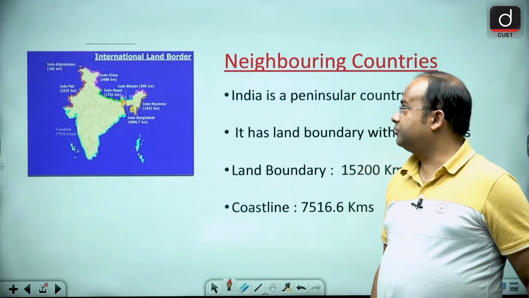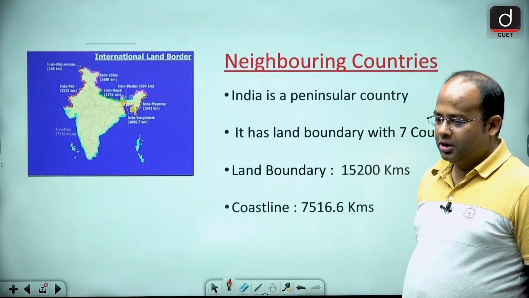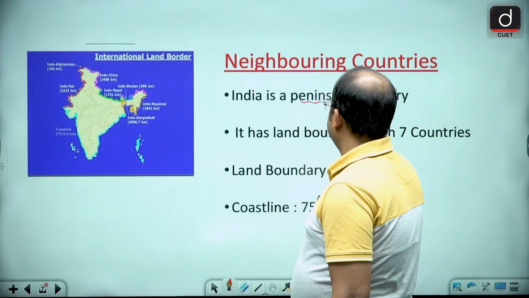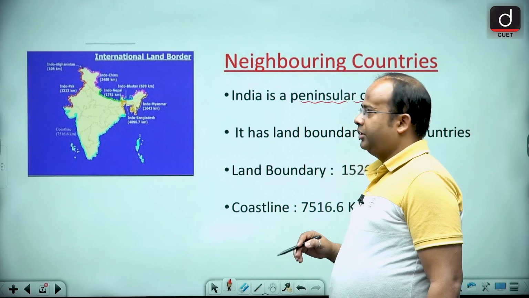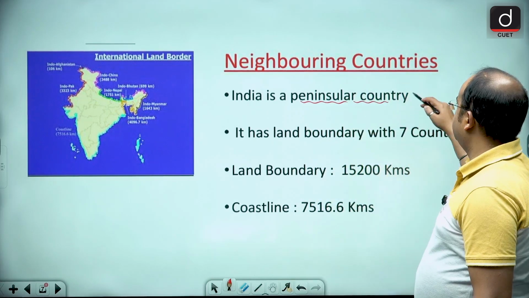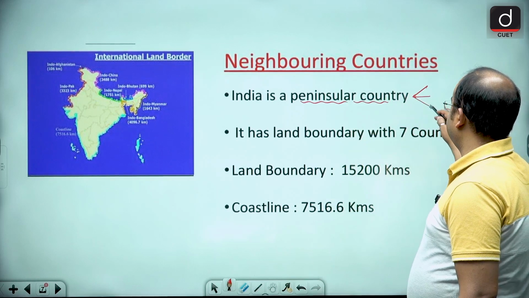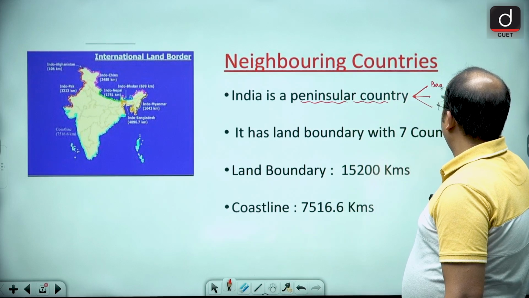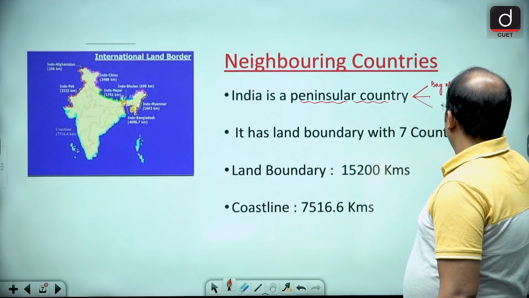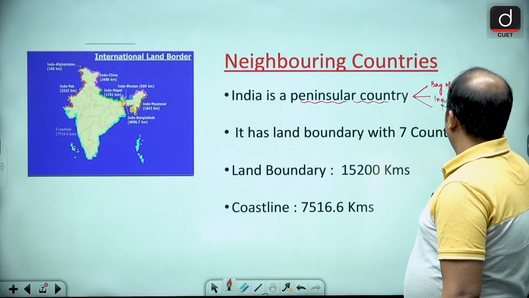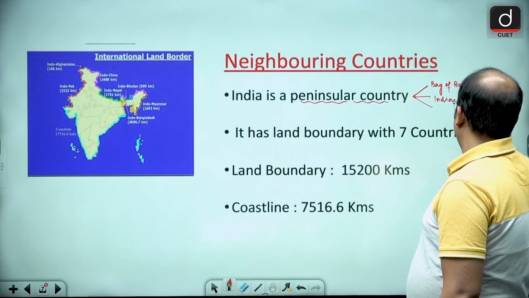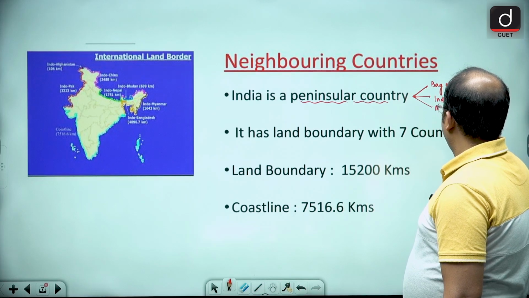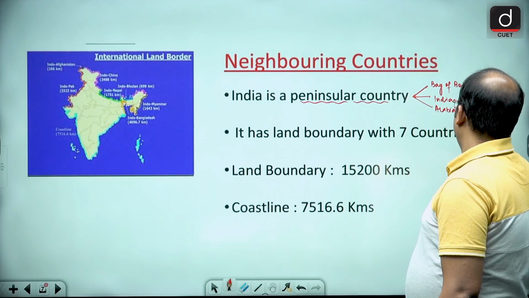Now guys, let's come to the neighboring countries of India. As you all know, India is a peninsular nation, surrounded by water on three sides. This is the Bay of Bengal, then we have the Indian Ocean, and then we have the Arabian Sea.